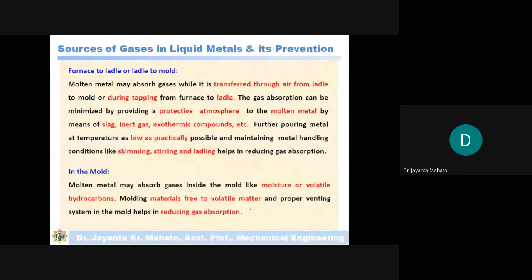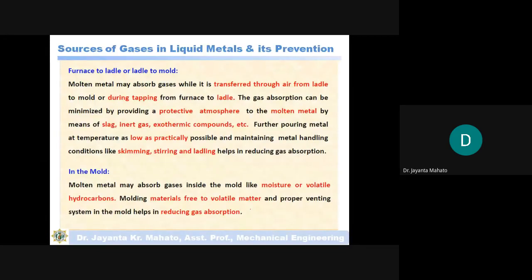Next, ladle to mold contact. Molten metal may absorb gases while it is transferred through air from ladle to mold, or during tapping from furnace to ladle.